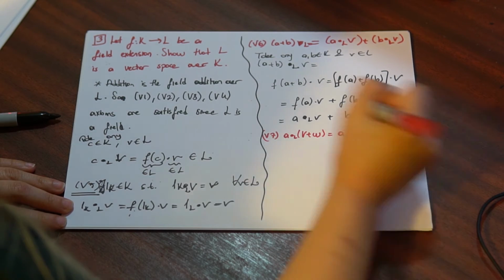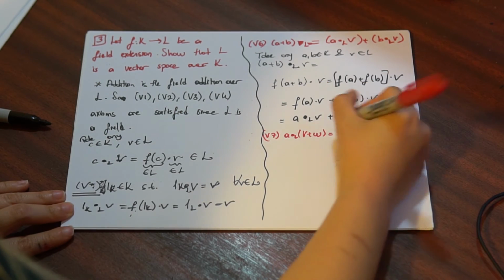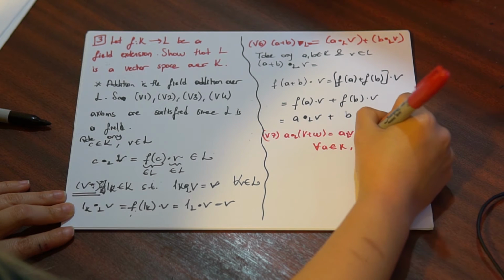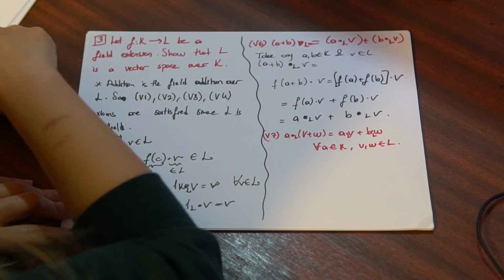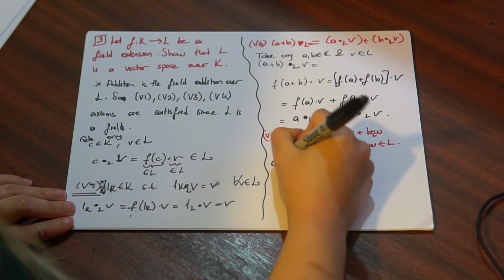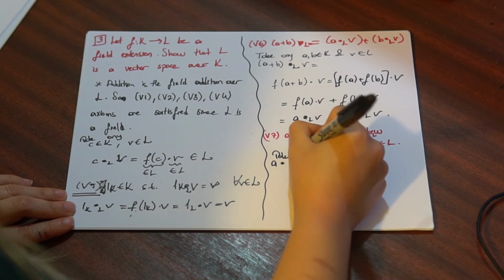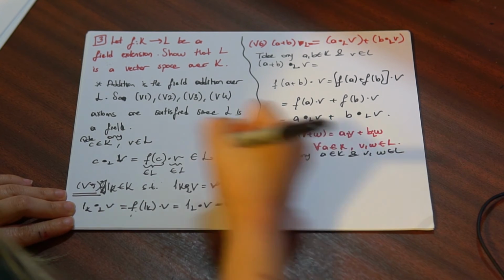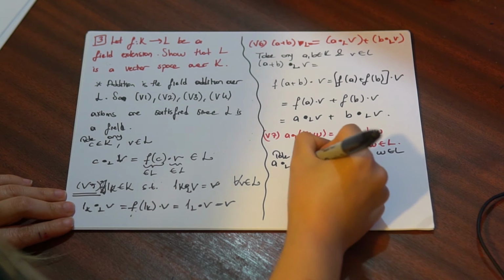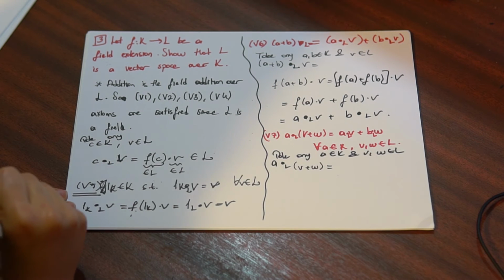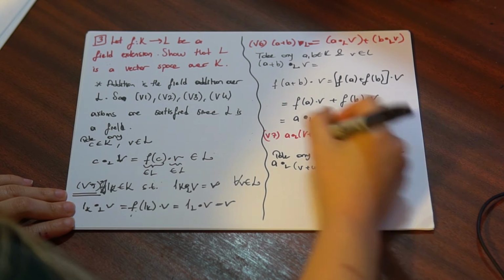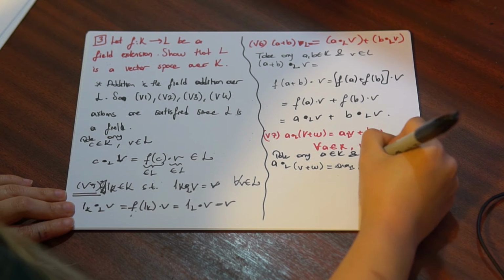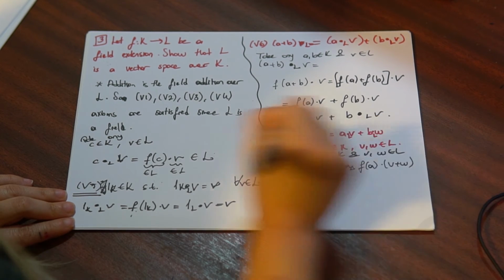This is this operation, and this is this operation, for every a inside of K and v and w inside of L. Now let's take any a inside of K and v and w inside of L. So a times (v plus w) is equal to f of a times (v plus w), right?